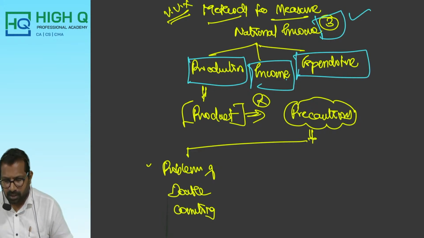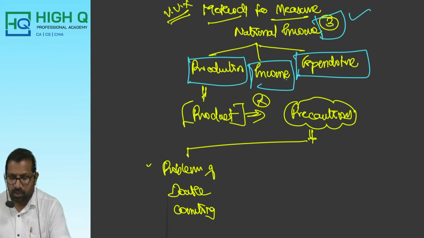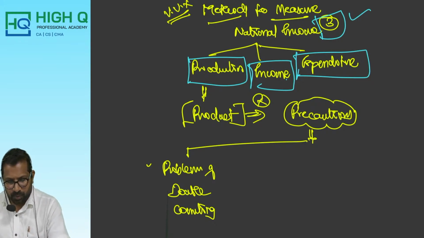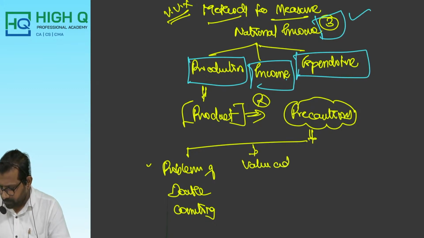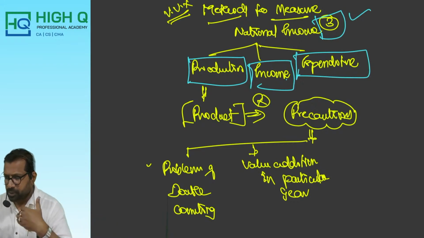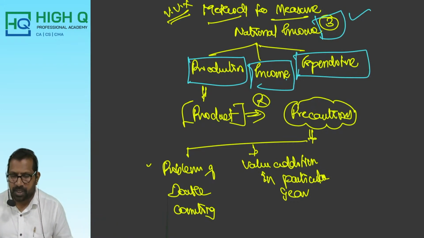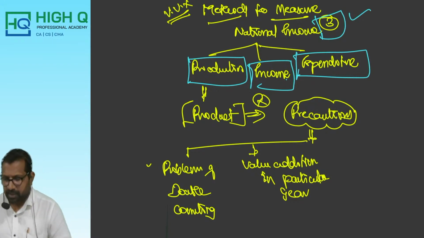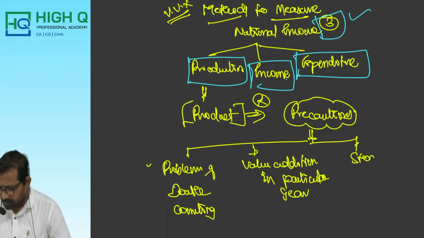Precautionary measures are to be taken with regard to double counting. Point number 2, value addition in a particular year only. It means that if they add the previous year, this should be ignored. So only the present year is to be taken to calculate the national income under the product method, previous year not to be included. Point number 3, stock appreciation.